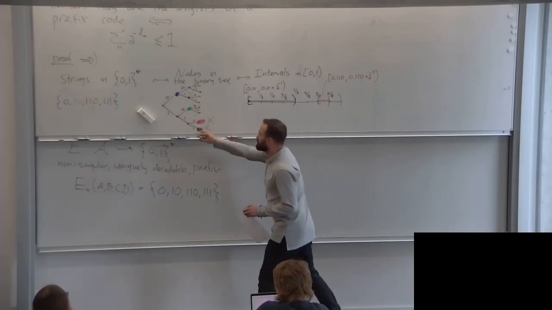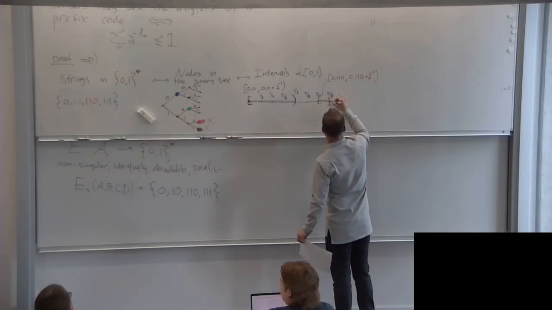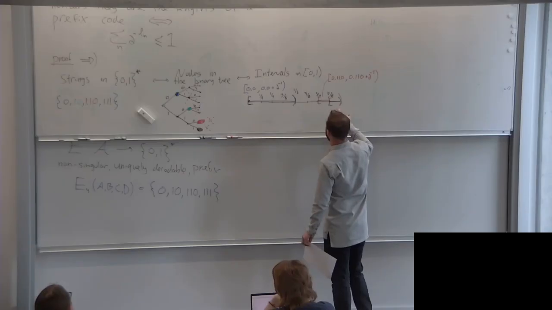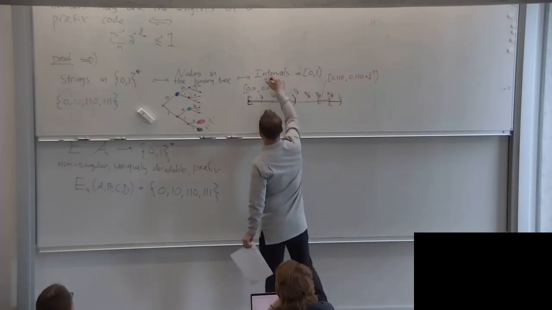Now I'm coming back here. I just want to finalize my example. This interval here, those kinds of intervals have a name. They're called cylinders.